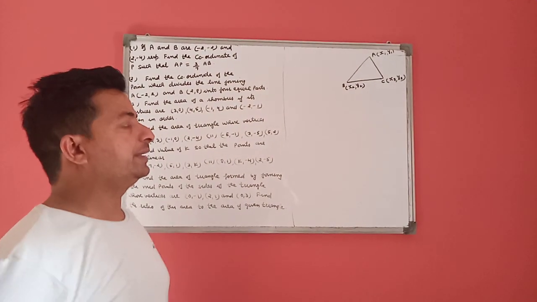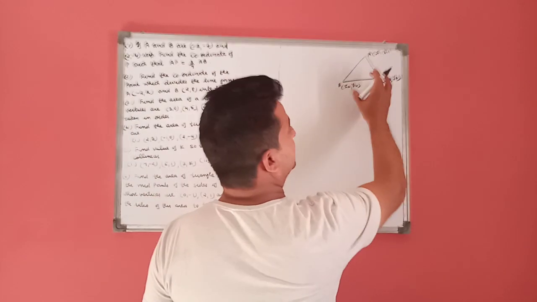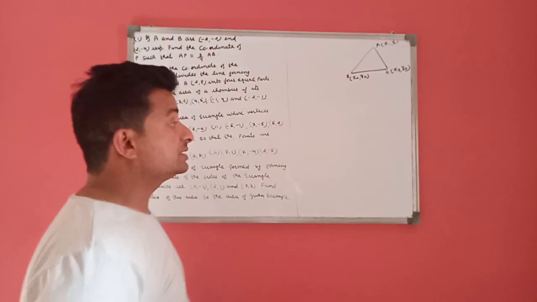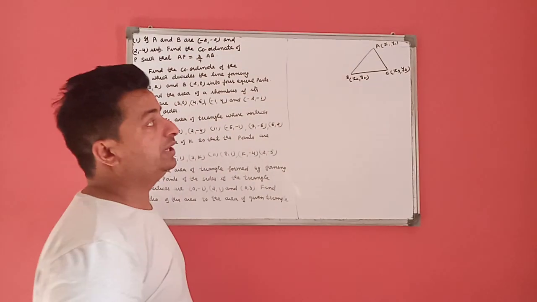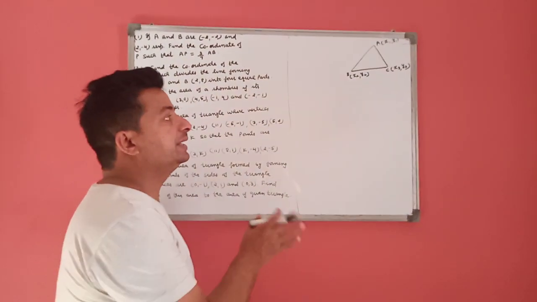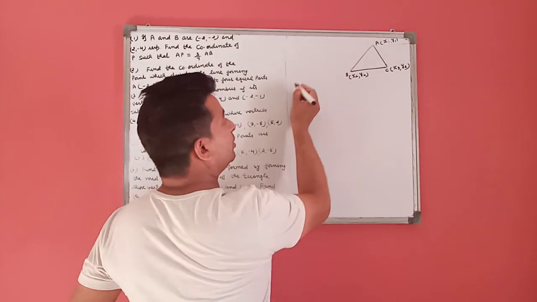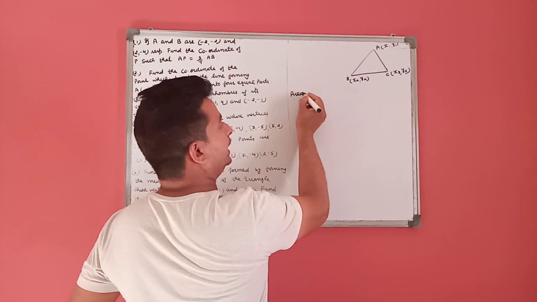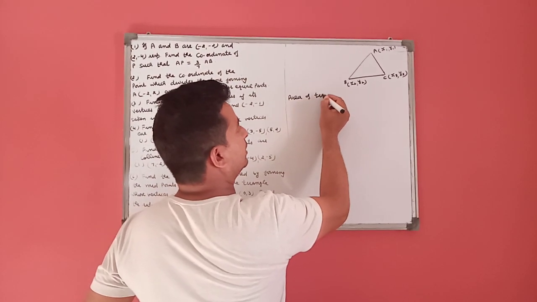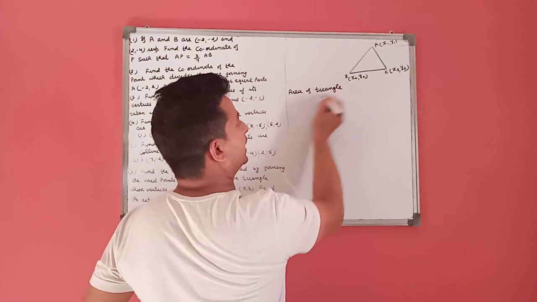We always know that the area of a triangle is always positive. This means if in this question we have a negative answer, then we take it as positive because area is always positive. For the area of a triangle, as we know, the area is 1 by 2 base into height.